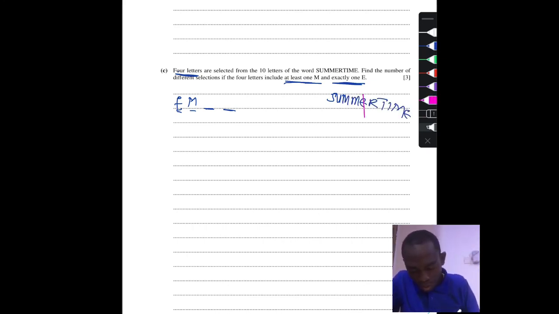So I need only one E, so I will not need them. I need only one M, so M out, M out, M out. What are the letters that I can use? I can use 1, 2, 3, 4, 5. Okay, so that's 5 combination 2.